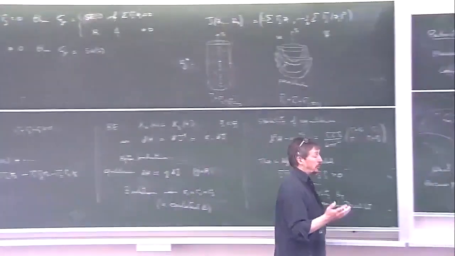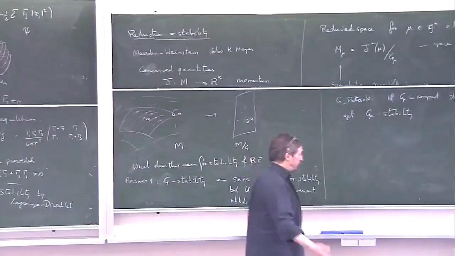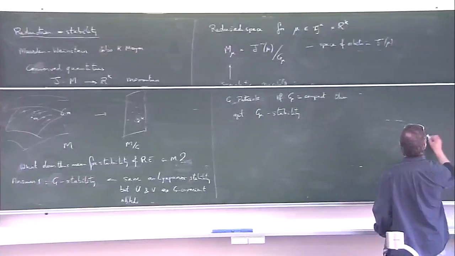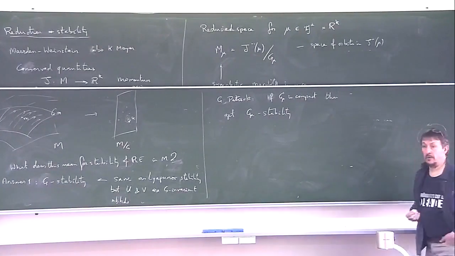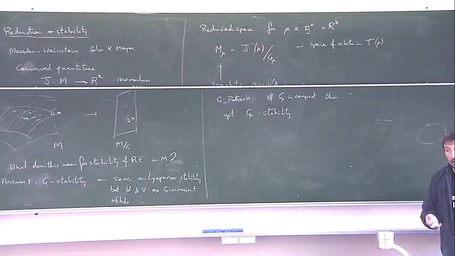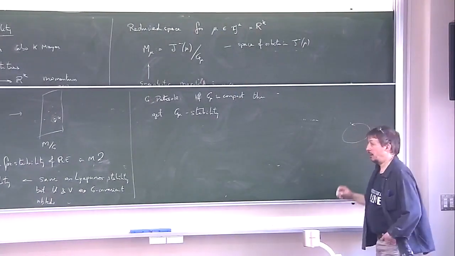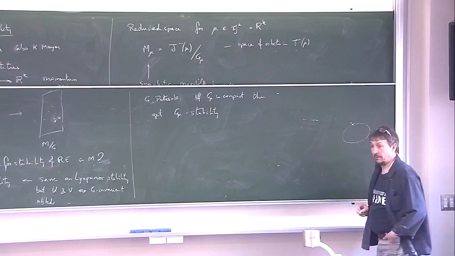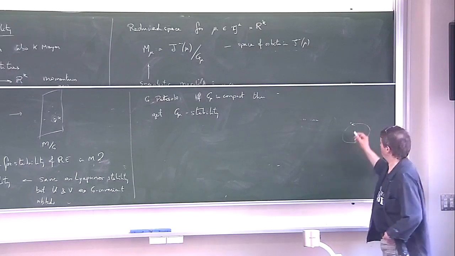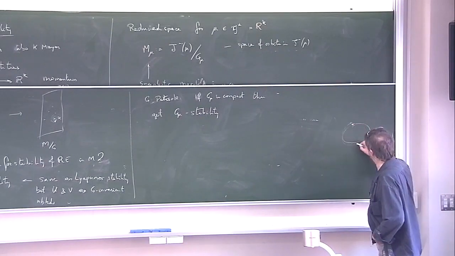You've probably heard about orbital stability. If you have a periodic orbit, in what sense would it be stable? It's certainly not true that if you start nearby, you stay nearby this point. But what you hope is you stay nearby this periodic orbit.